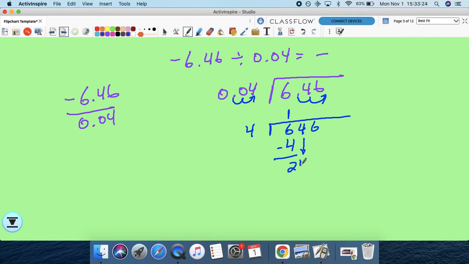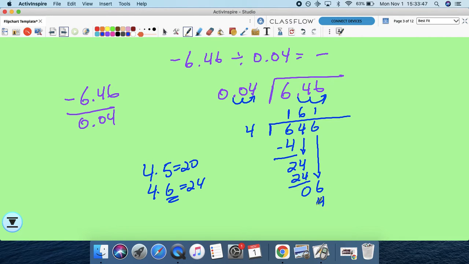Bring the 4 down. Can 4 go into 24? This one is easy, right? 4 times 5 is 20. 4 times 6 is 24. So 6, we can put over here. 4 times 6 is 24. 0. Let's bring down the 6. Can 4 go into 6? Yeah. How many times? It's only 1 time.